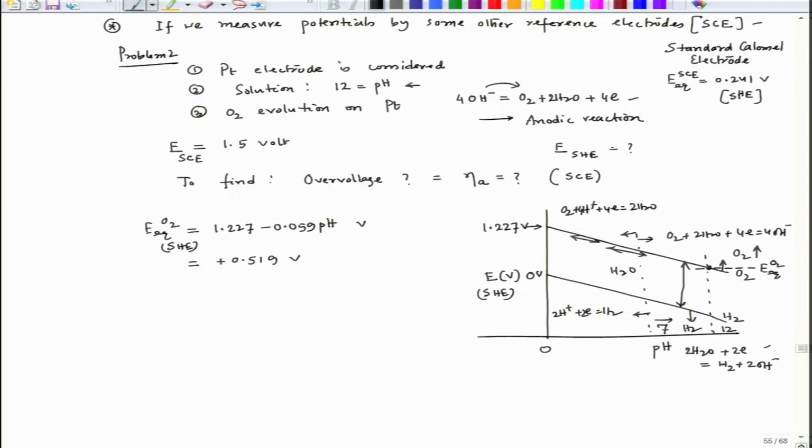So, we know what the equilibrium is. Now, let us draw the E versus log I plot. Since we have considered the standard calomel electrode, first let us draw the potential axes.